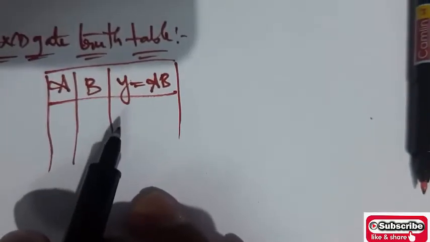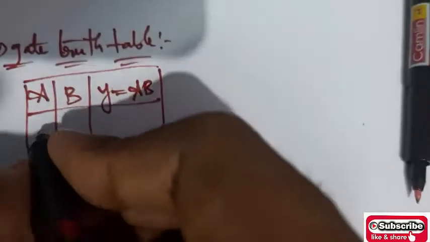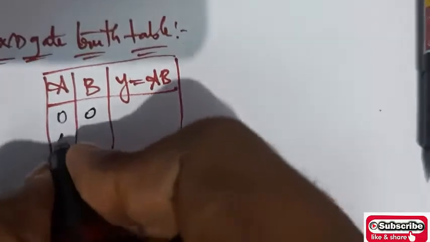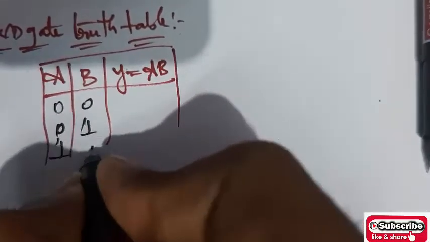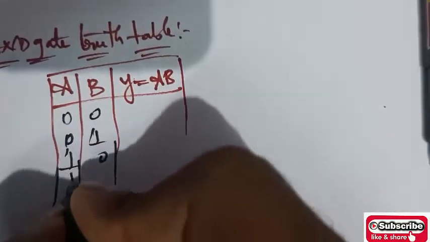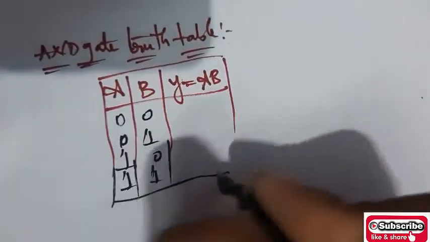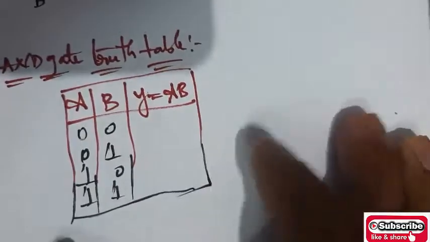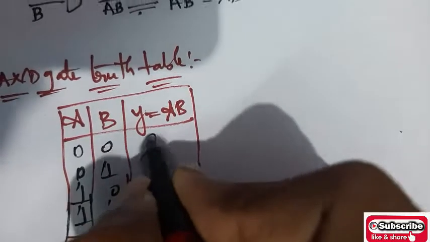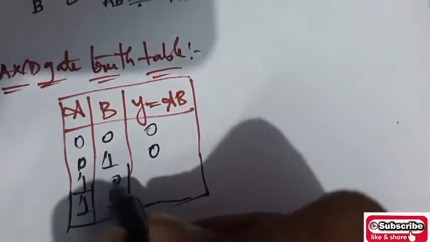For 2 input combination, you will get the 4 output combinations. There will be 0 0, 0 1, 1 0, 1 1. 0 into 0 is 0, 0 into 1 is 0, 1 into 0 is 0, 1 into 1 is 1.